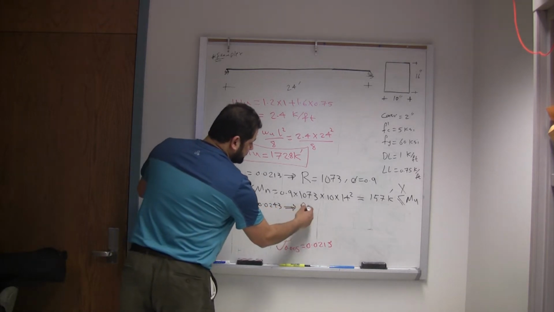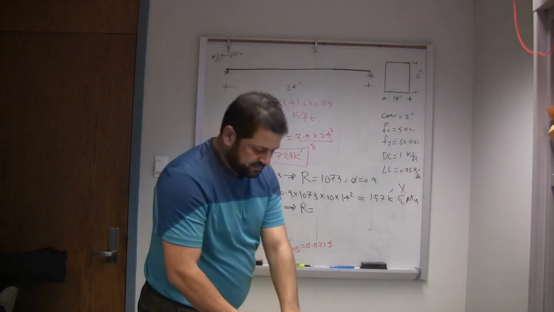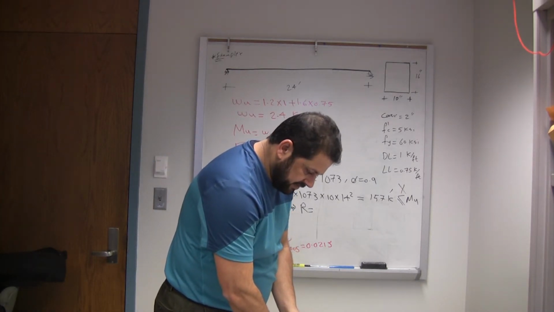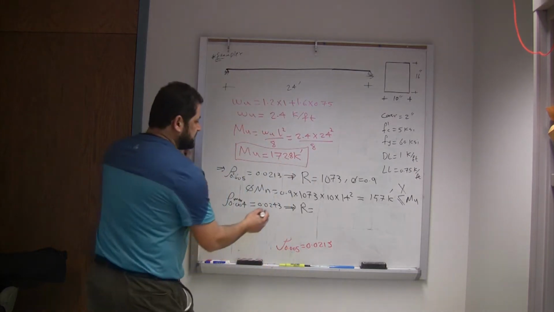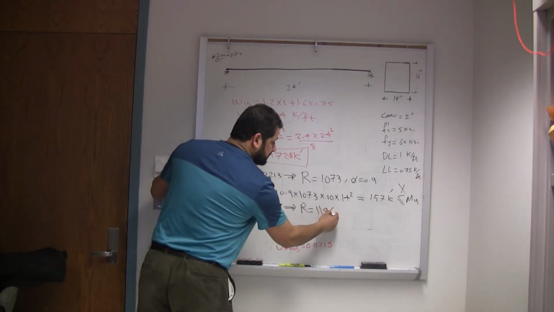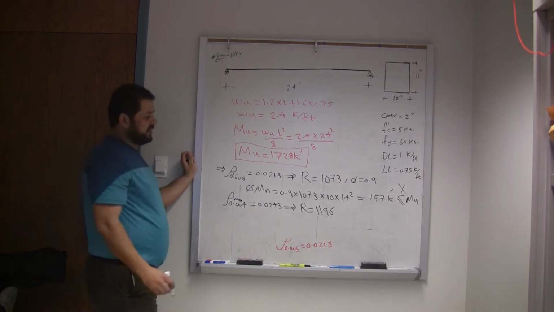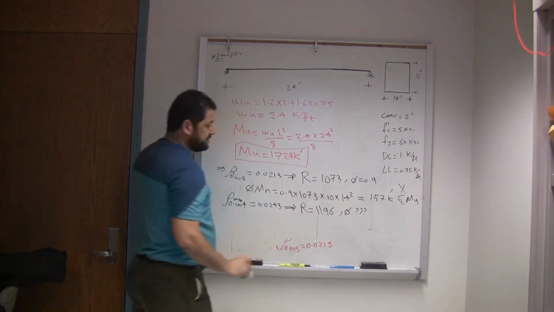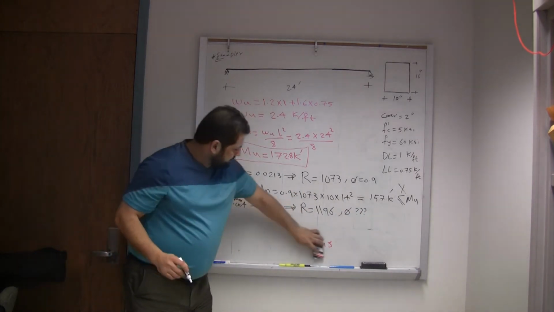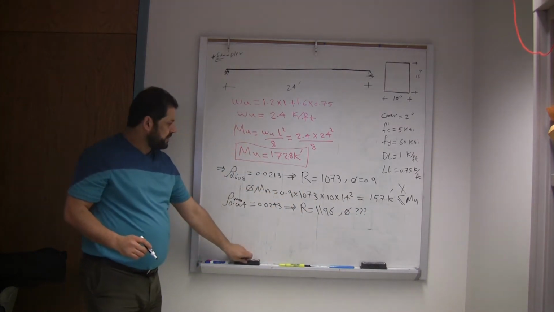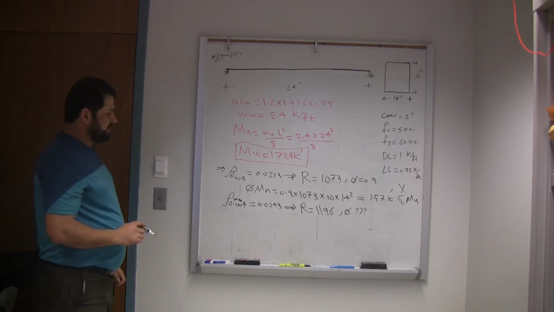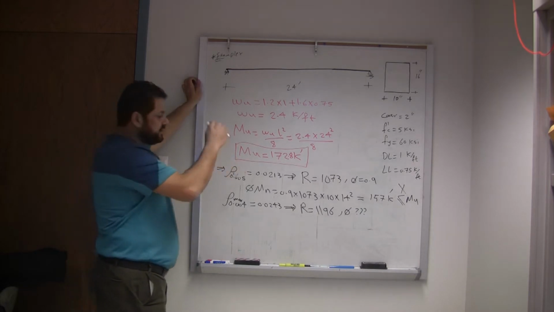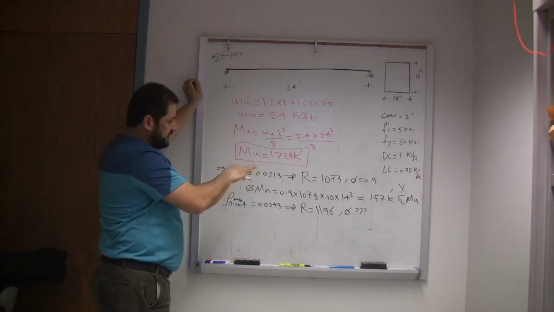And R for that, I think, is the maximum we have in that table, which is 1196. But the phi factor, we don't know. You will see. The phi factor will not be 0.9. It will be less.